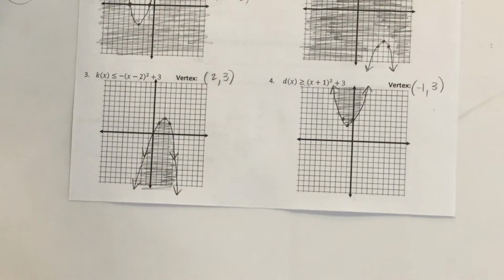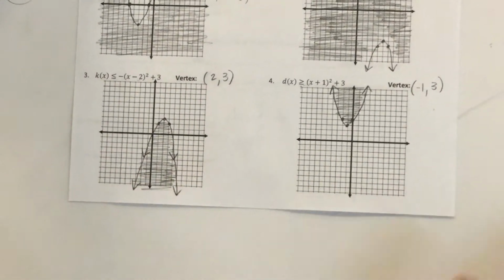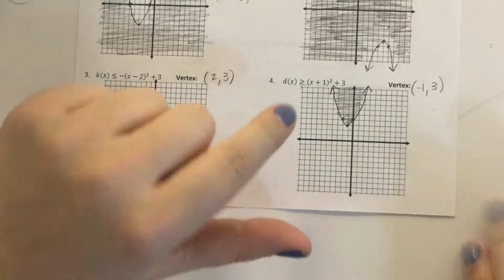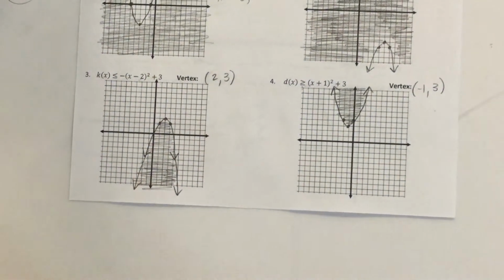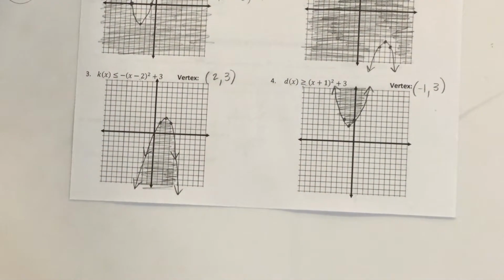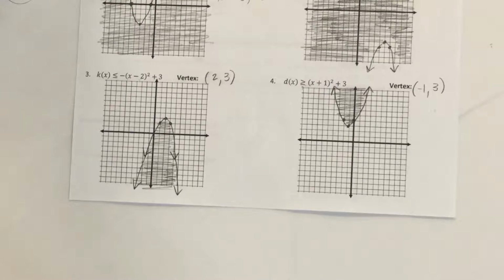We mean up, Lexi. Yeah, it's up. The shading part? So, okay. That's a really good question. I wonder how I can explain that. When it's greater, it has to be above the parabola.